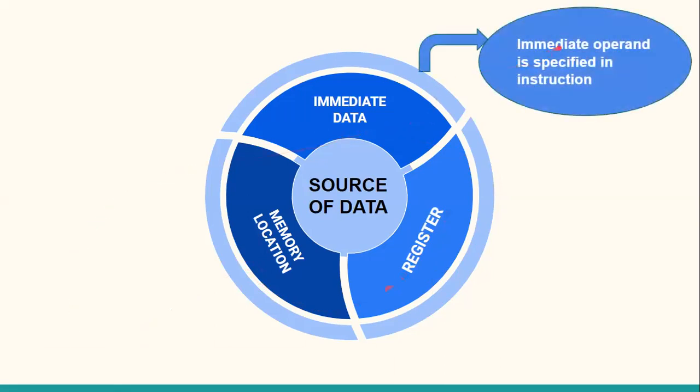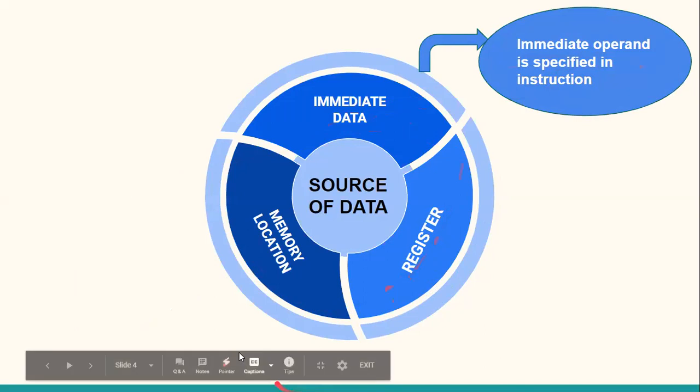The operand or the data can be specified immediately in the instruction after the opcode. Following the opcode, the operand can be directly given in the instruction. That is called immediate data.